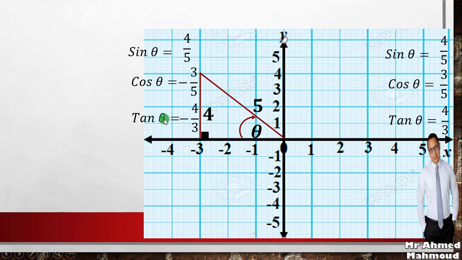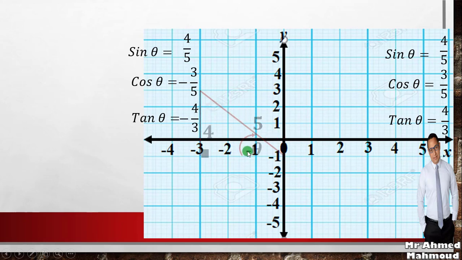Again, sine theta equals opposite over hypotenuse, 4 over 5. Cosine theta equals adjacent over hypotenuse, -3 over 5. Tan theta equals opposite over adjacent, 4 over -3.